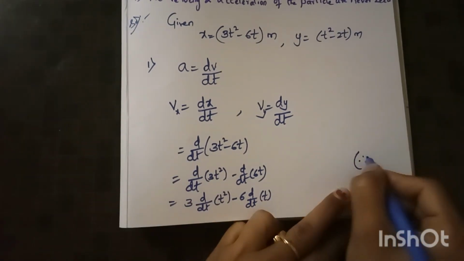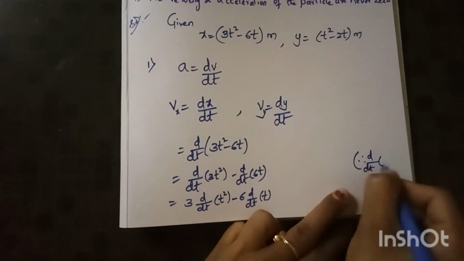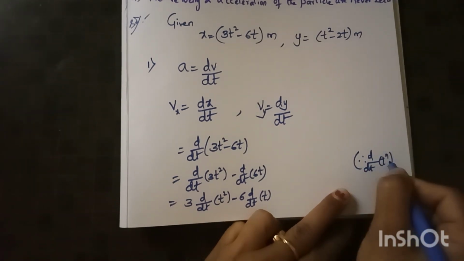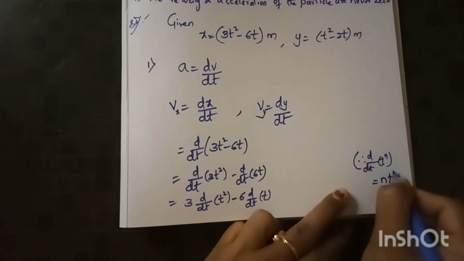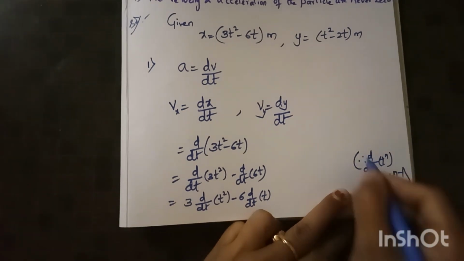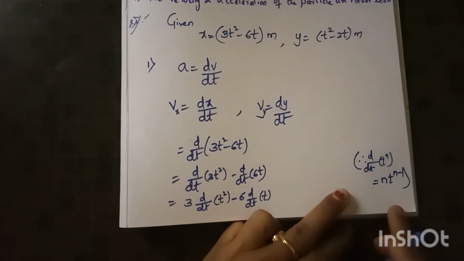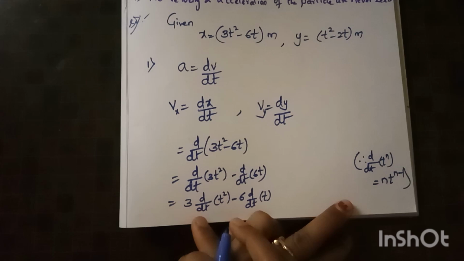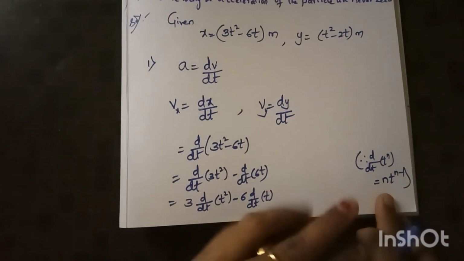So d by dt of t power n. What is the formula for d by dt of t power n? n into t power n minus 1. Just remember that. If you know this formula, then you can solve this problem. If you forget this formula, you can't solve this problem.